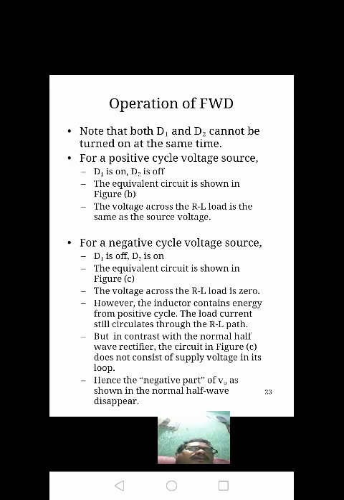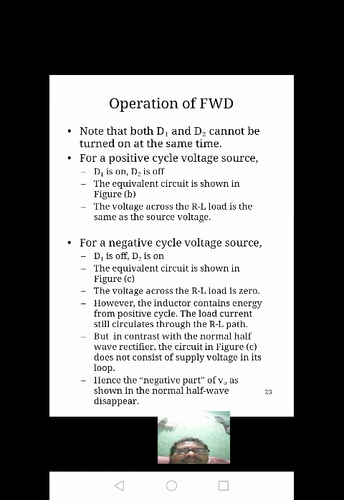Whatever energy the inductor stores during the positive half cycle, in the form of magnetic field, is discharged during the negative half cycle through R and the freewheeling diode.